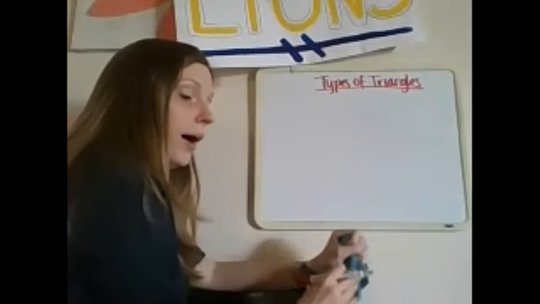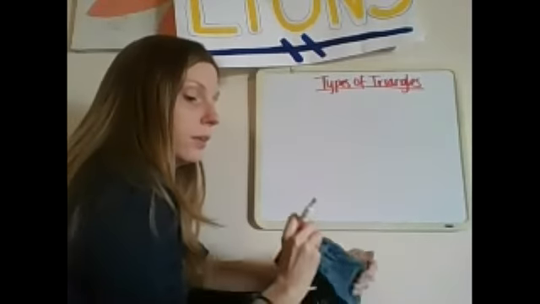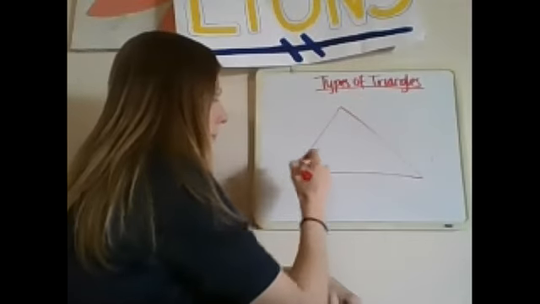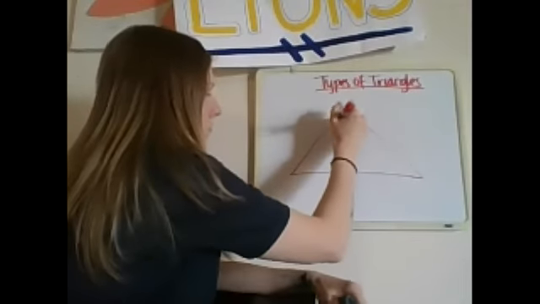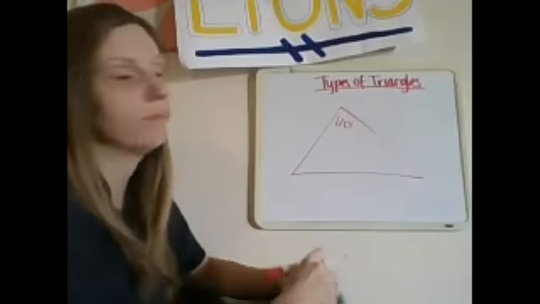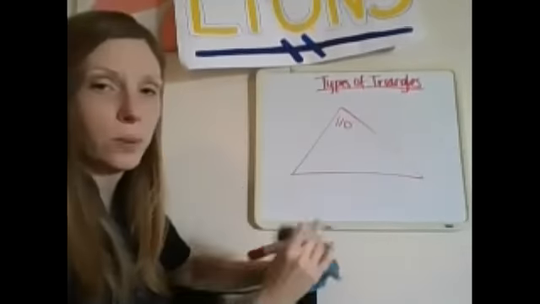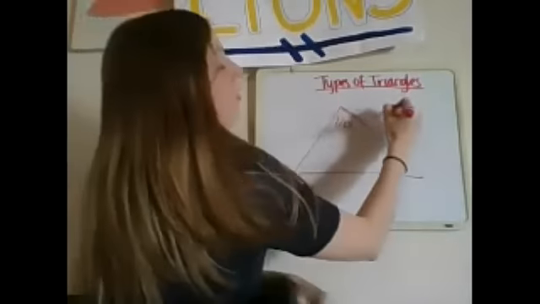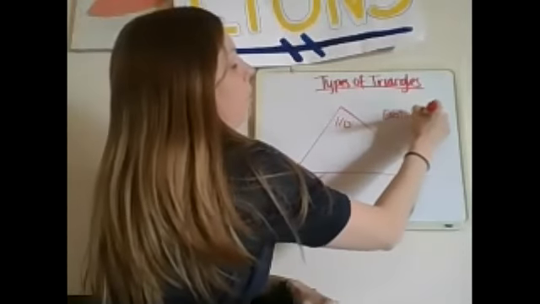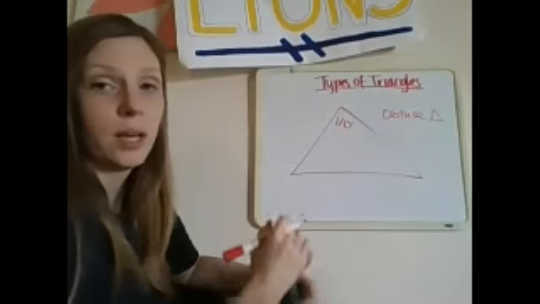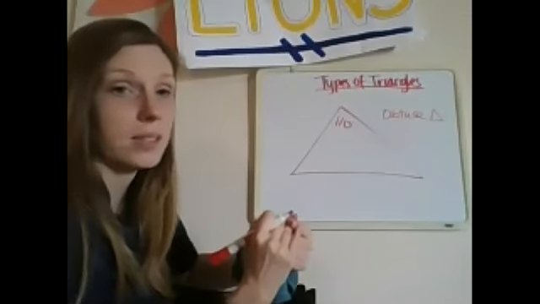Say I just gave you this one here. See that first one there says it's 110 degrees. So we can automatically say that this is an obtuse triangle. Okay? But notice that there are no tick marks on any of these sides.